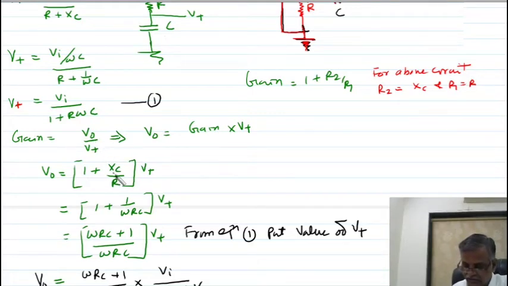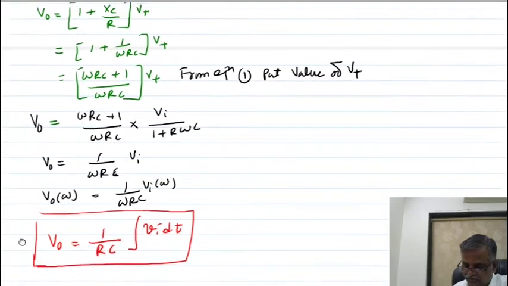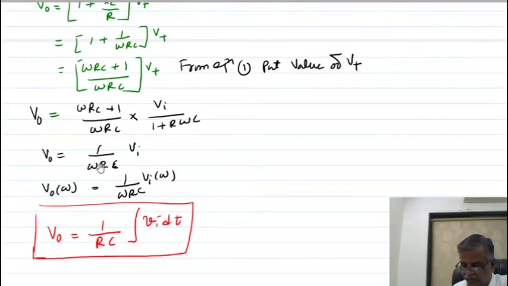So put this value, from this equation, and I got this equation. In the time domain, you have to write it this way. There is no phase inversion in a non-inverting integrator circuit, so there is no negative sign here.